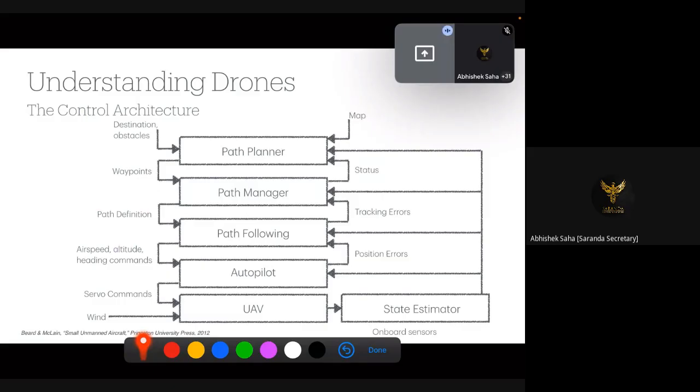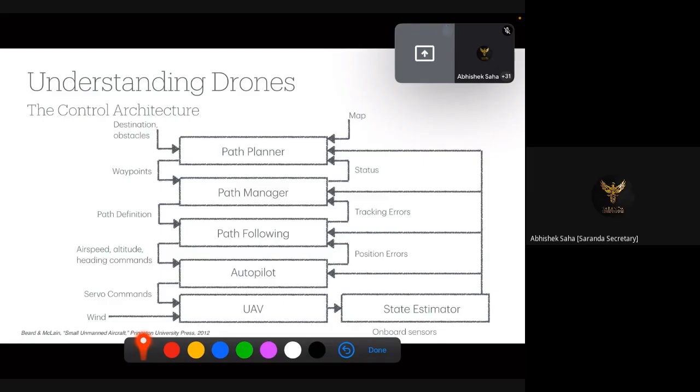Whether it is going to go in a straight line, whether it's going to take an arc of a circle. If it is an arc of a circle, what is the radius of the arc, and so on. All that information comes to this path following. Basically, it has a path that is commanded to it. It ensures that it generates this velocity, altitude and heading command so that the path is followed.